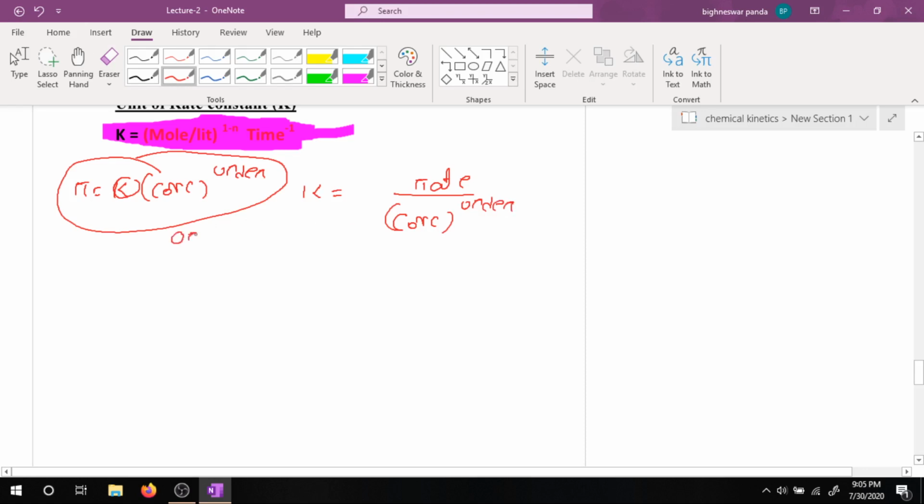Let us take order equal to n. Order may be positive, negative, fraction or 0.